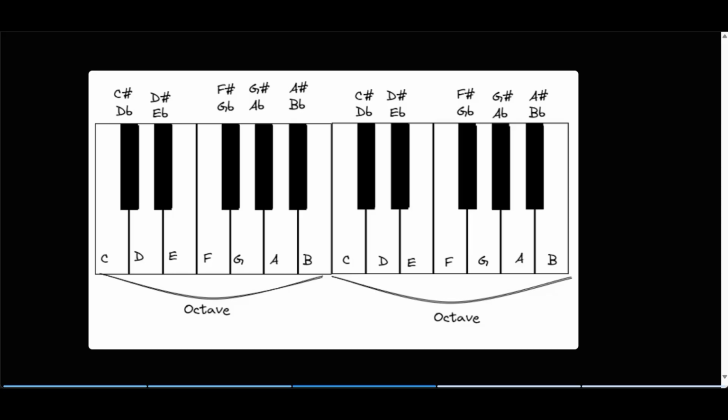So, this is the 2 black notes group. Before that is C. In the middle of the 2 black notes group is D. After the 2 black notes group is E. Before the 3 black notes group is F. Between the 3 black notes group is G and A. After the 3 black notes group is B. And the same thing is repeated again and again.